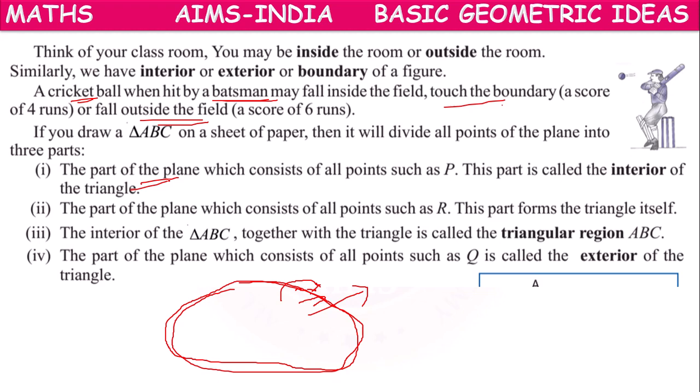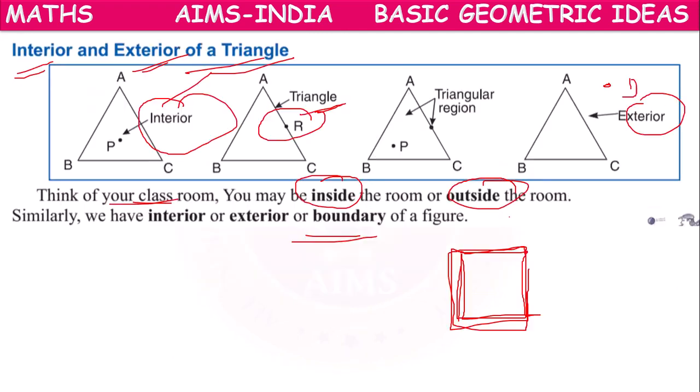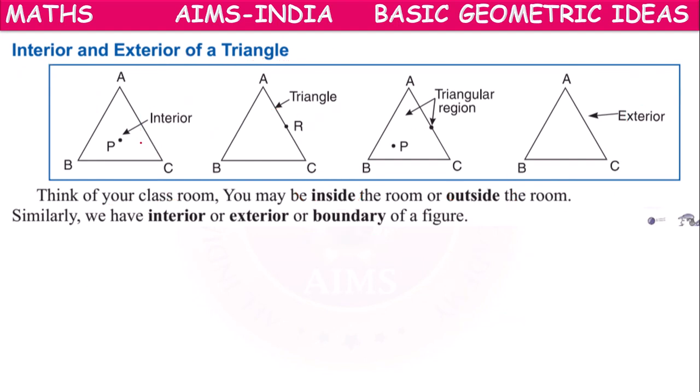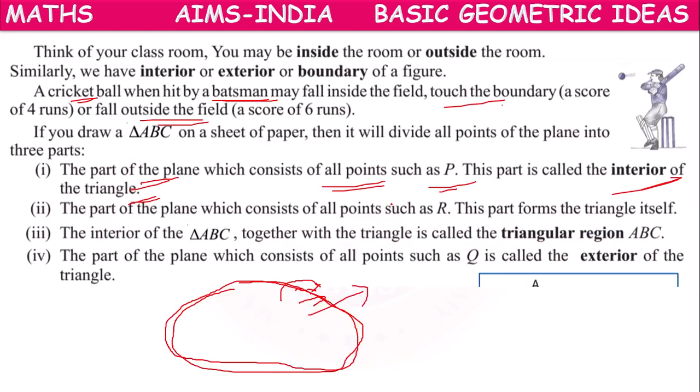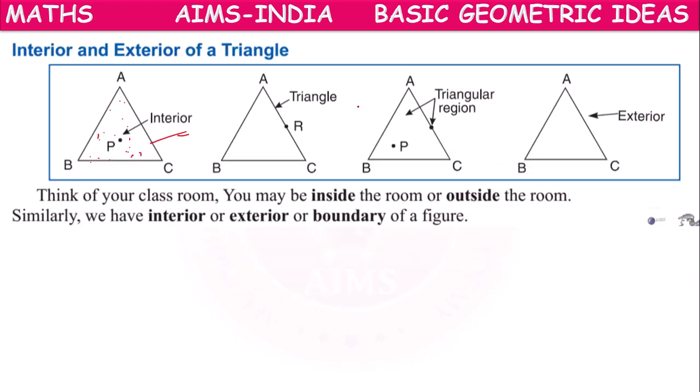So the part of the plane which contains all points such as P is called the interior of the triangle. The part of the plane which consists of all points such as R is the triangle itself, meaning they are on the triangle.